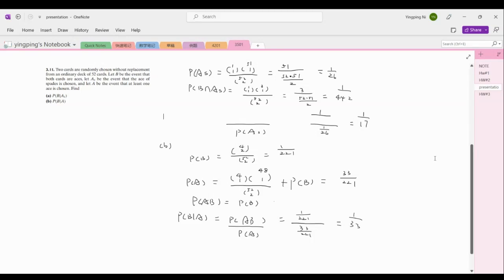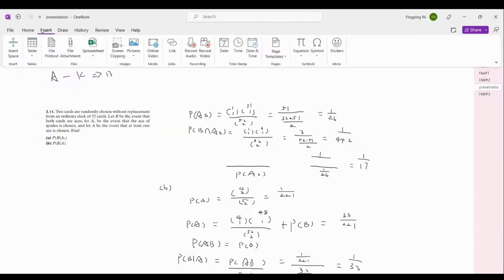Okay, I just don't see your notation for part A, the P of B given that AS occurs. I just don't see that anywhere. This is another line. I don't know if you see my cursor. Okay, 1 over 17. What's before 1 over 17? Something's missing. Maybe that doesn't show on my screen.